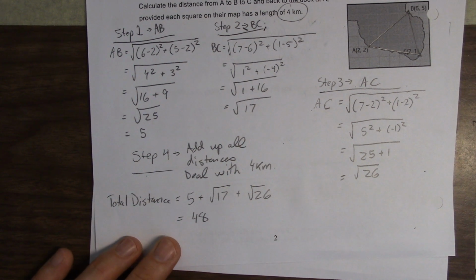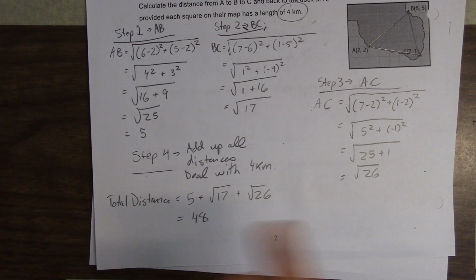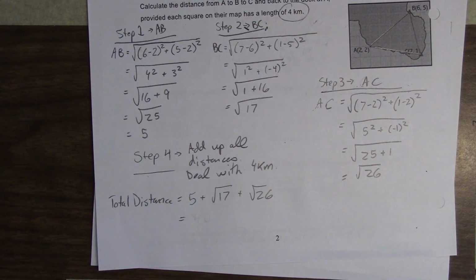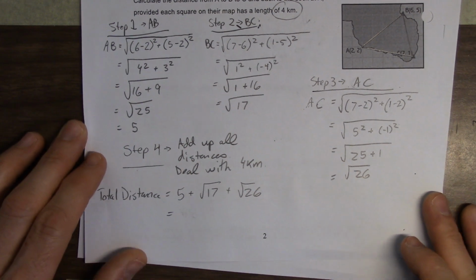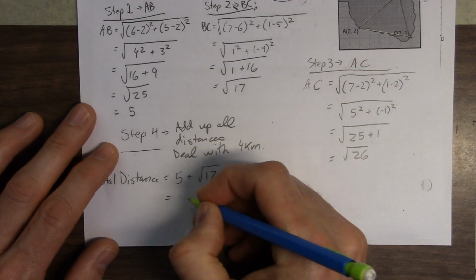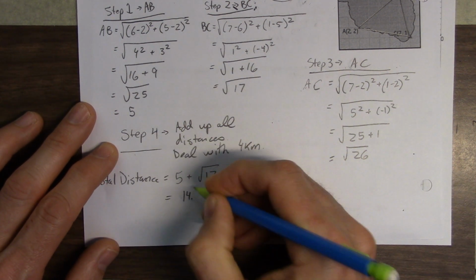Sure about that? 14.12. That doesn't look right. Try it again. So 5 plus root. If you're not getting the right answer, you might have your calculator in the wrong mode. Everyone do this on their calculator. You got it wrong also, Andrew. It should be 14.222.